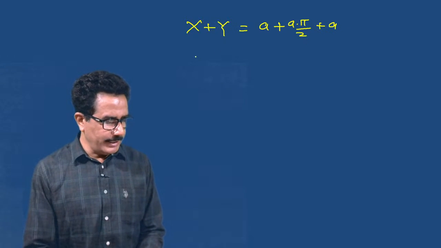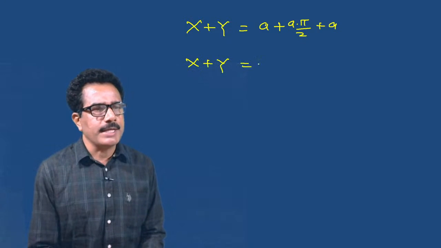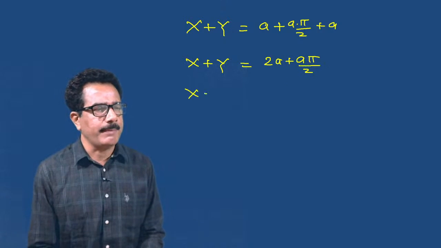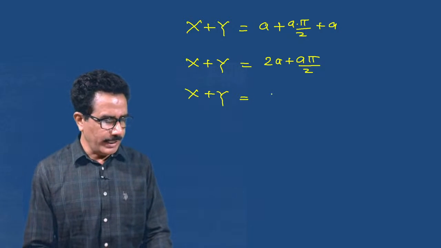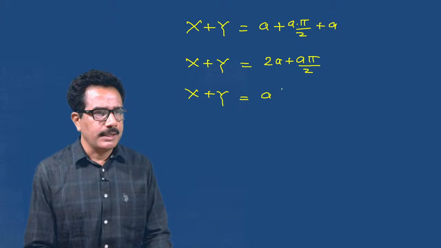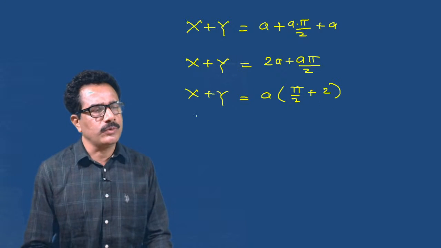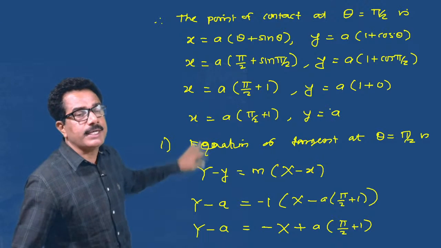So we can write this as, therefore capital X plus capital Y is equals to 2a plus a pi by 2. So we can write capital X plus capital Y, which is equals to, you can take a common, in a bracket 2 plus pi by 2. This is the equation of a tangent.